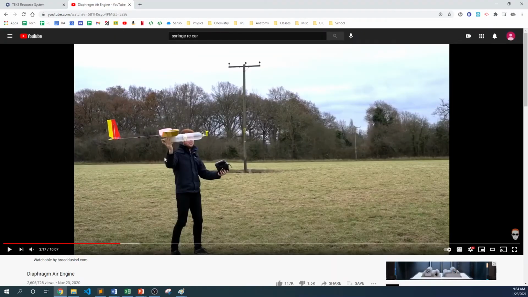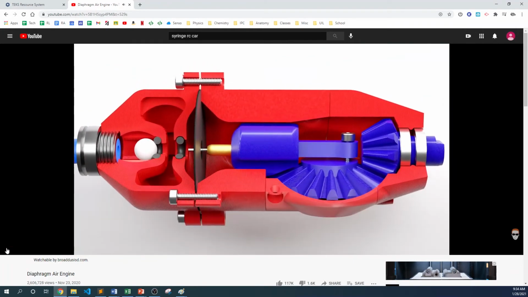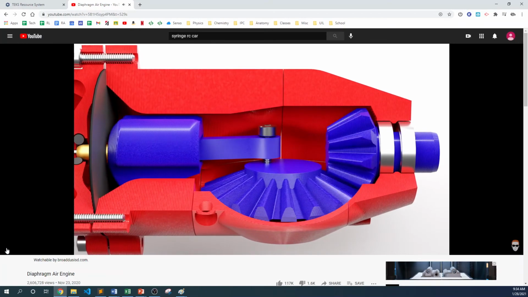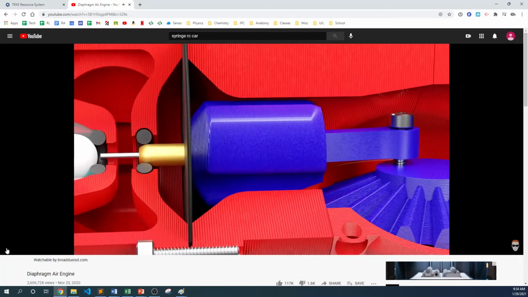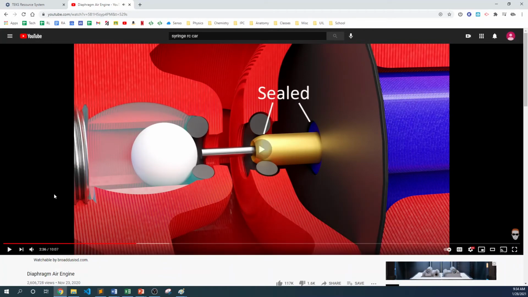So it takes a 2 liter bottle and he pressurizes it with air. So the 2 liter bottle is screwed in right here and is under high pressure. So this white area is high pressure.